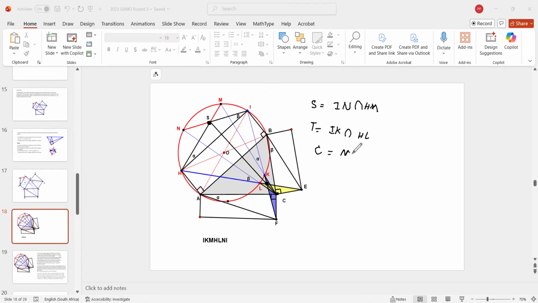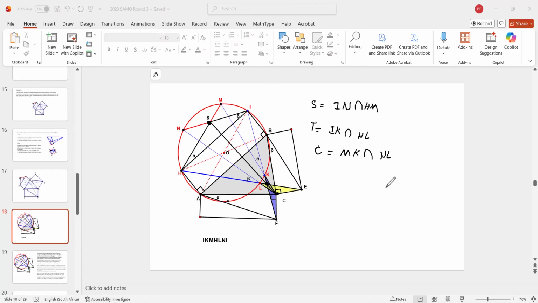So now we can see why we had to do that, because MK produced gives you C, and also NL produced gives you C. So MK and CL, they intersect at C. Now we've got all these points, I, N, M, and all these things are all now the hexagon.